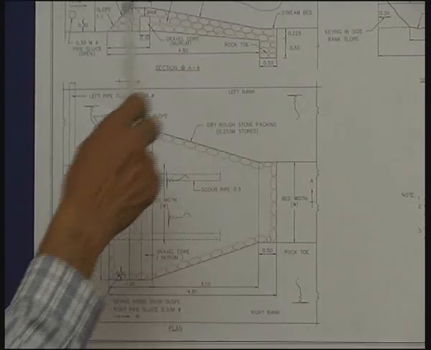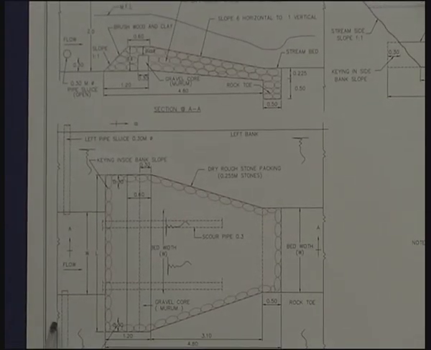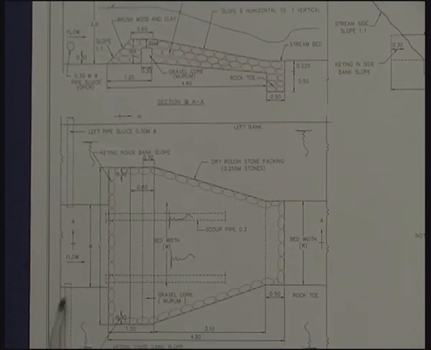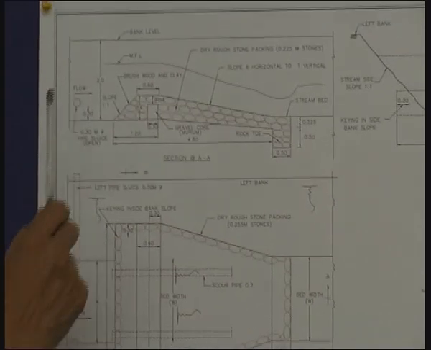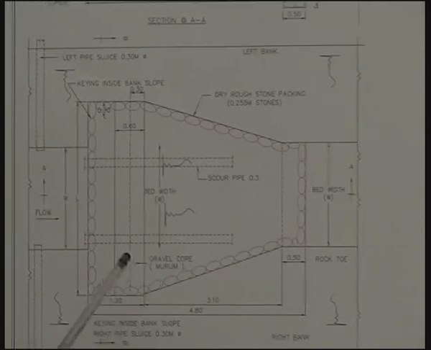Like that, there will be a canal on the left side also, and the operation of this sluice is manual. This can be closed by putting a plank and then opened by removing the plank.